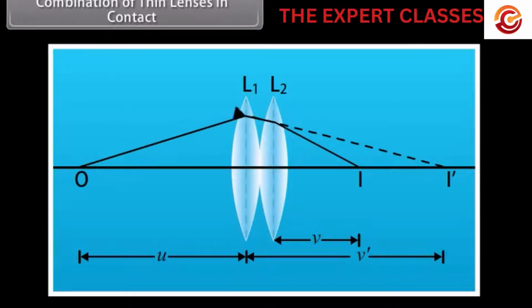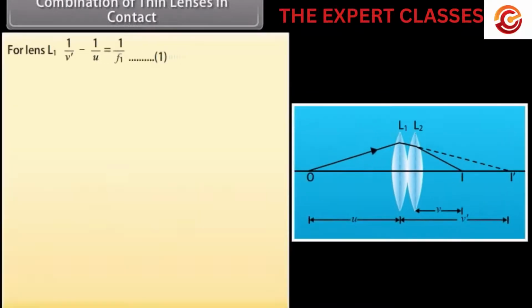That is, I is the image formed by the first lens, L1 alone. If V' is the distance of image I' from the lens L1, then for lens L1, 1/V' minus 1/U is equal to 1/F1. Name it as equation 1.